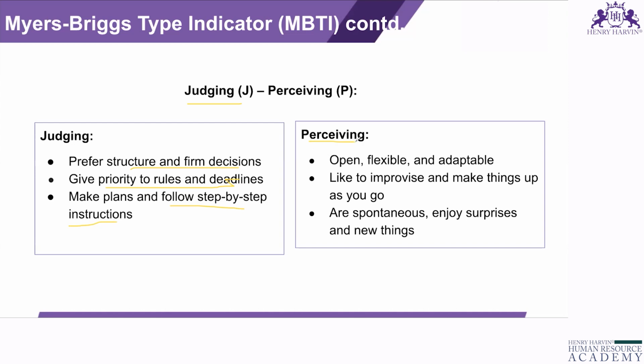Whereas perceiving individuals are open, flexible, and adaptable, like to improvise and make things up as they go. They are more spontaneous. It is difficult for them to follow step-by-step instructions. They enjoy that freedom and spontaneity, and enjoy surprises and new things. So this is judging and perceiving.